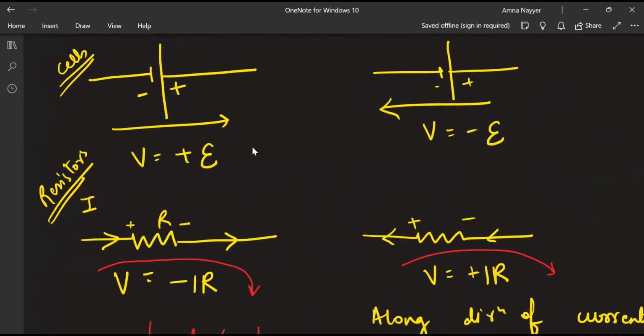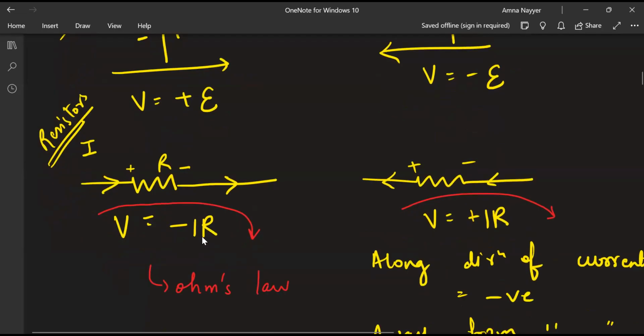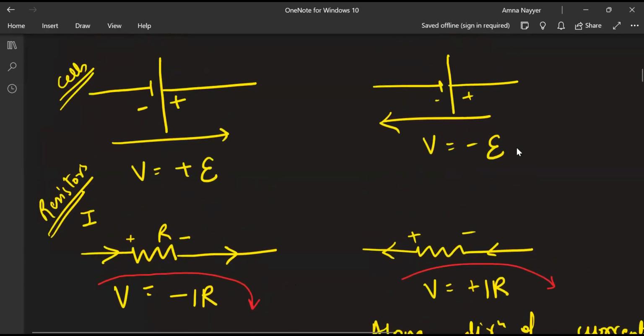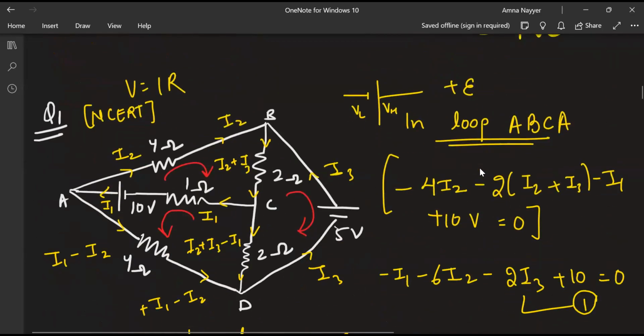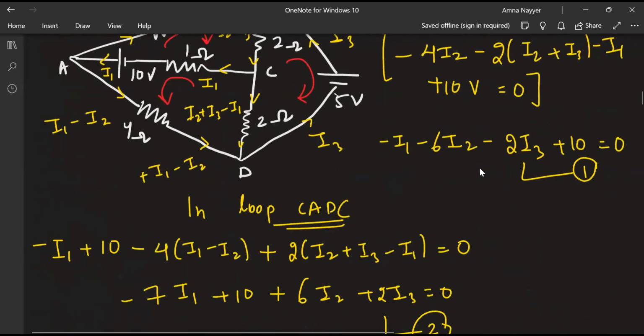So if you have cells present, the rule is just write the voltage as it is because voltage is there. For the signs go by this, minus to plus or plus to minus. For resistors, you have to apply I into R. That is the Ohm's law. If you're moving along, write negative. If you're moving oppositely, write positive. So for resistors, only use I into R. Why write I into R where you already know the EMF? Got it? Yes, ma'am. Okay.